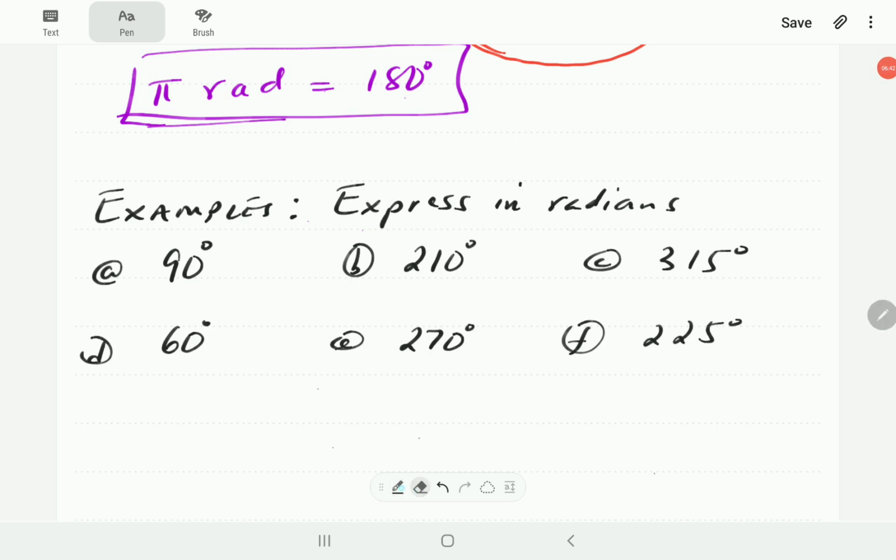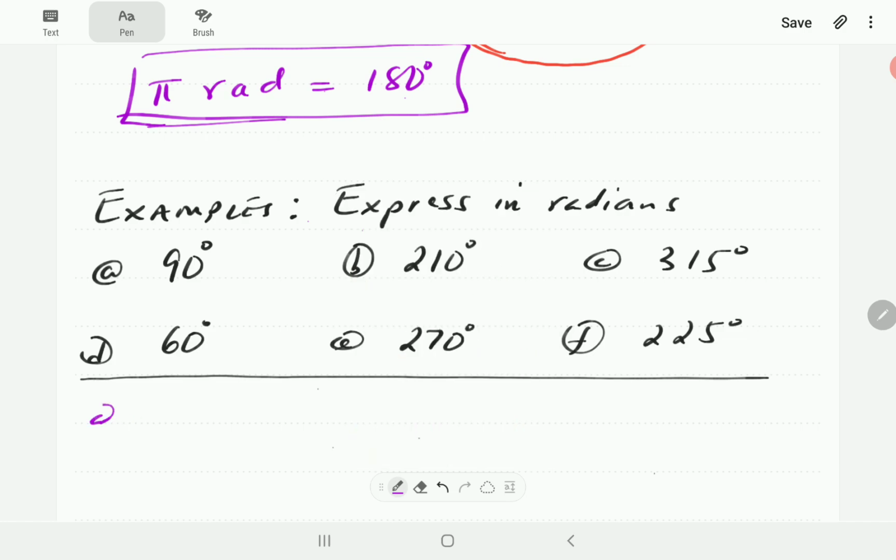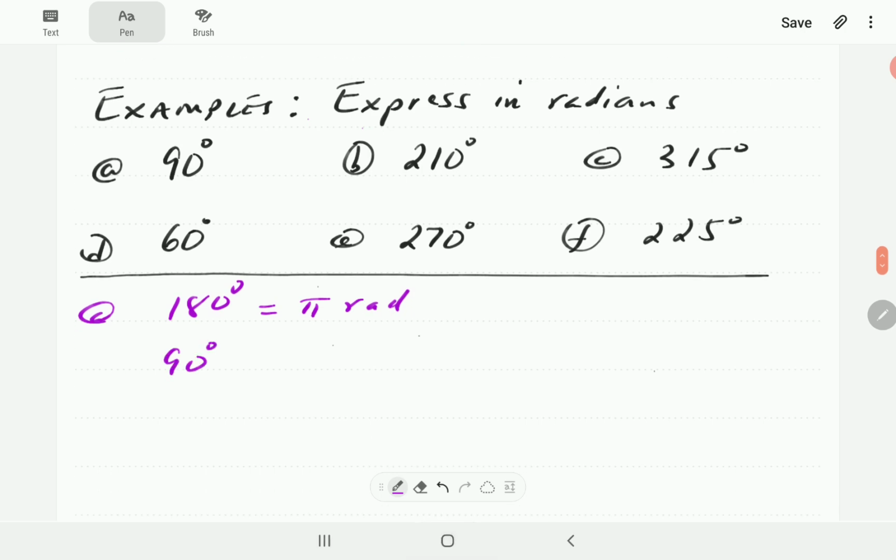Suppose we have these angles here that we want to express in radians. This is how it is going to work. We know that 180 degrees is equal to pi radians. Then 90 degrees, by cross multiplication, is going to be pi radians times 90 degrees divided by 180.